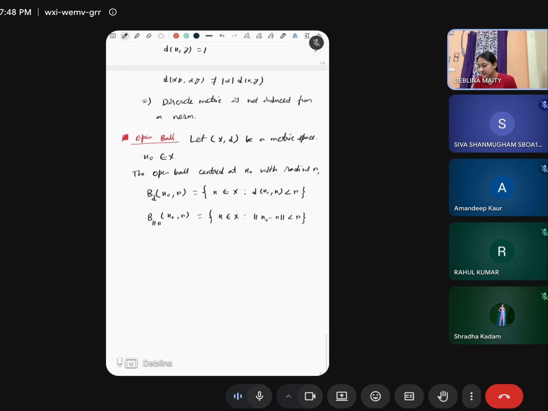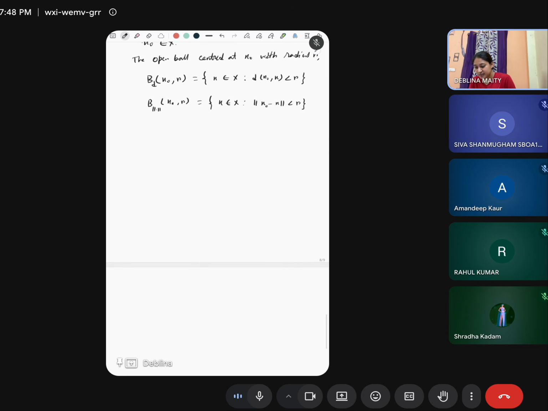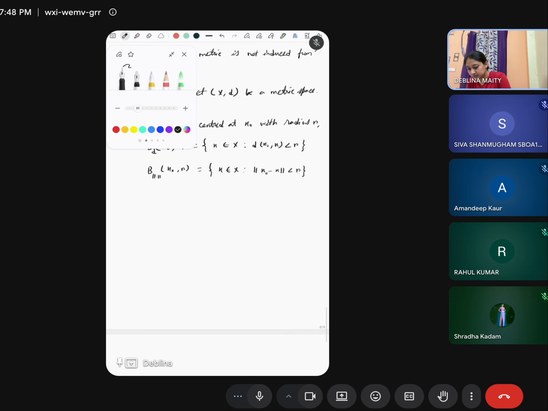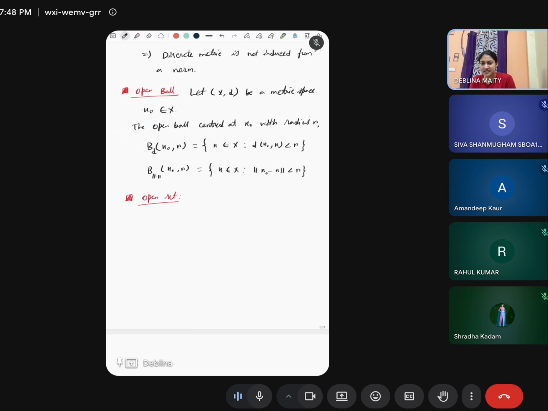And what is an open set? Here the same X is a metric space, or we can define it in a normed space also.